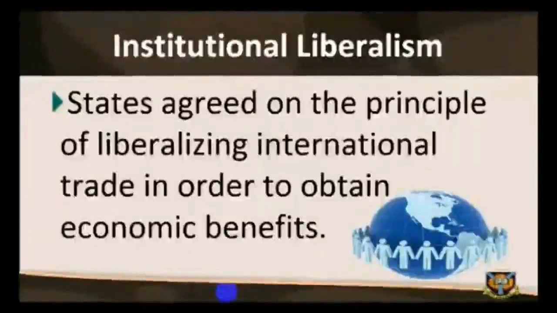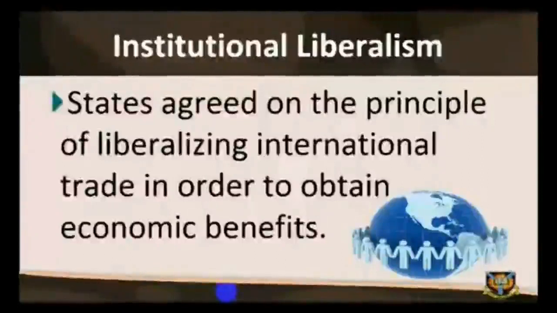In essence, the primary argument of the institutional liberals is that institutions, be they formal international organizations or other informal means, such as international treaties or traditions, are able to shape, influence, and constrain state behavior.